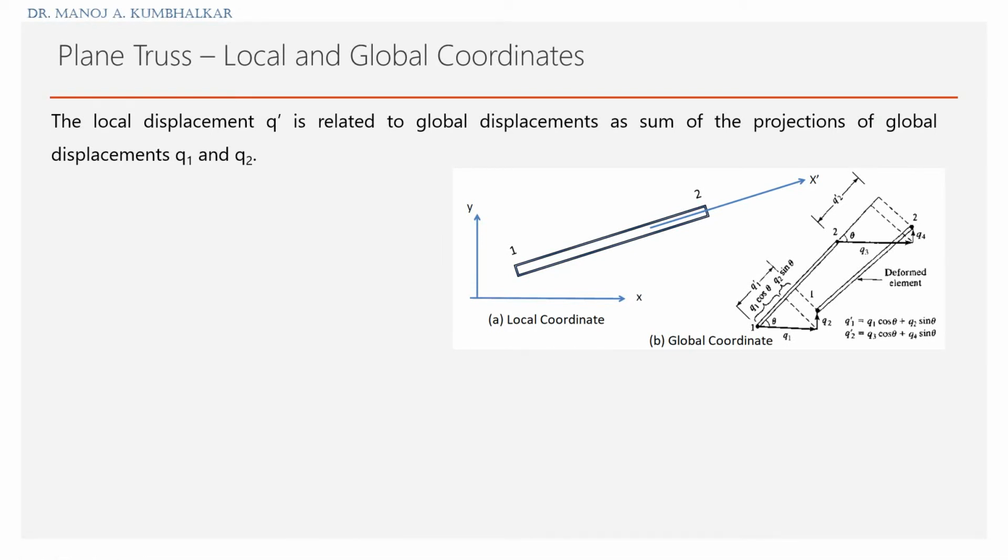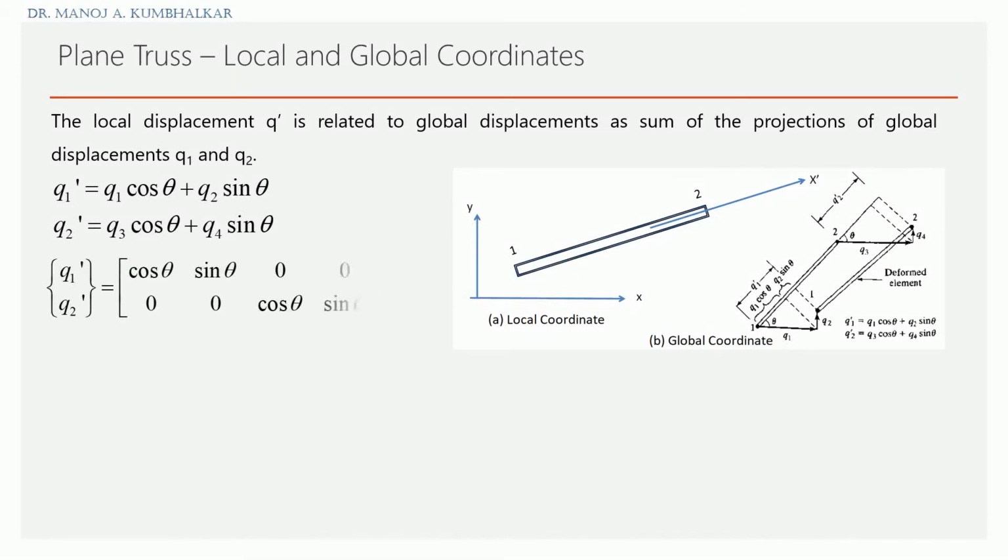But in the global displacement, we can see that node number 1 can be deformed in the x direction and in the y direction, that is Q1 and Q2. In terms of the angle theta, Q1 dash will be Q1 cos theta plus Q2 sin theta. Likewise, Q2 dash will be equal to Q3 cos theta plus Q4 sin theta.